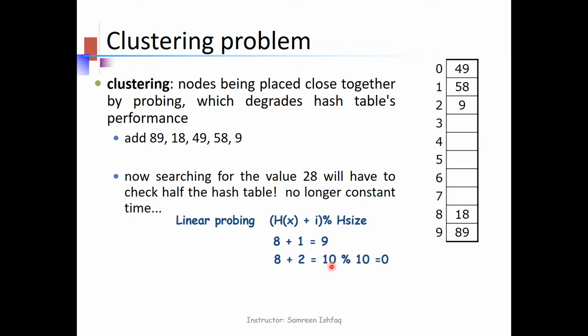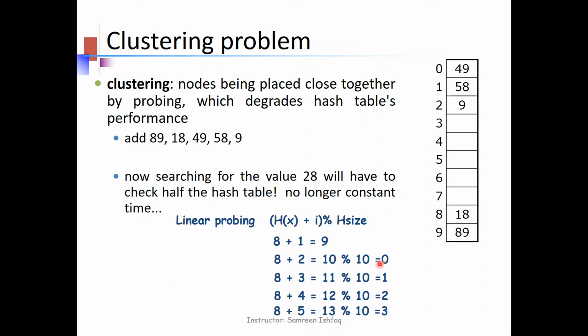We will take mod with the table size again. 10 mod 10 is equal to 0. Now we will check the 0th index and again a collision occurs. Similarly, we will check the first index, then the second index, and then at the third index there is an empty slot. It means that 28 is not present in this hash table.